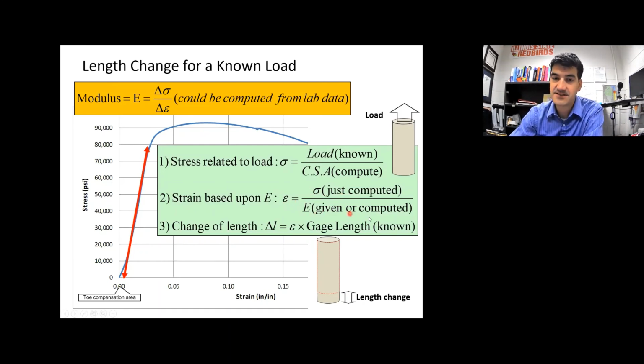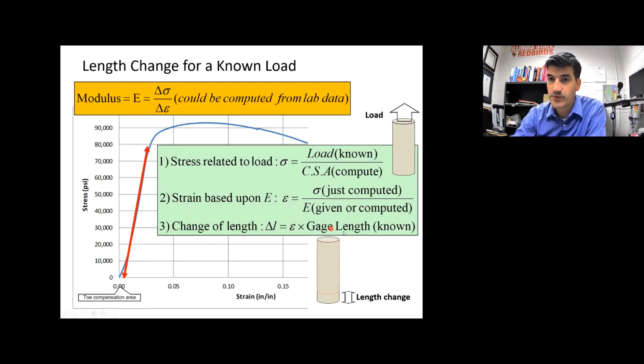And lastly, rearrange the equation for strain. Remember, strain is equal to change in length divided by original length. Rearrange that equation to solve for the change in length. And you'll find that the change in length equals the strain times the original length, which is the gauge length, which we know. The strain we just solved for up here.